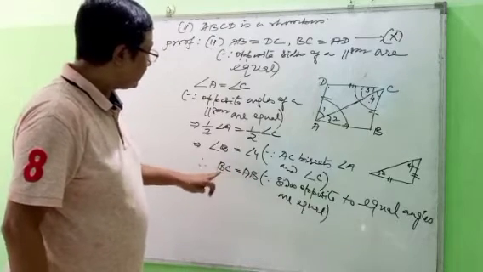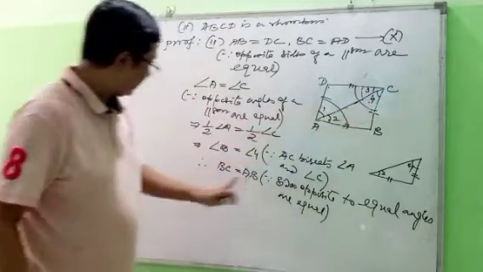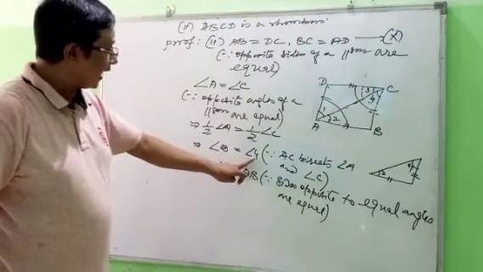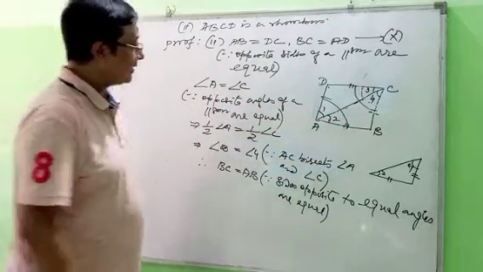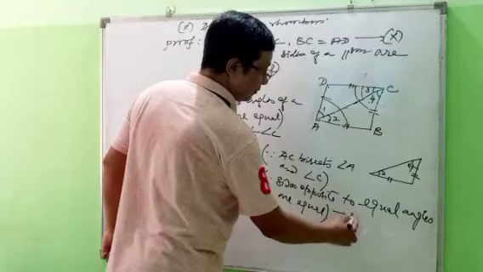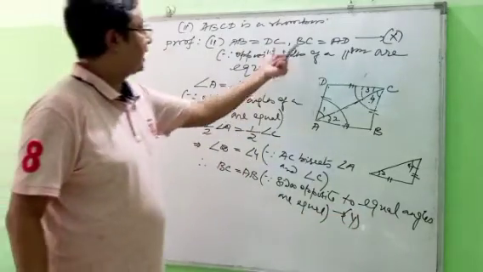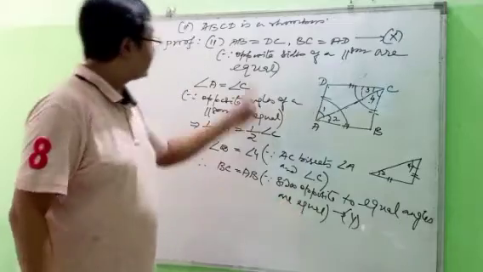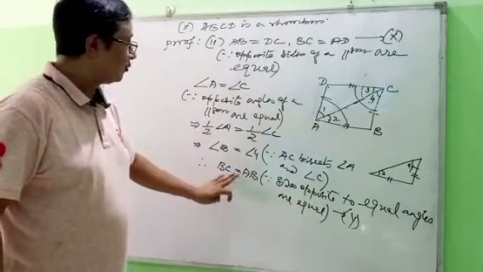That is why the side opposite to angle 2 is BC, and the side opposite to angle 4 is AB. So you got it. Let us put this as equation number y. Now you compare this x and y. This is equation x and this is equation number y.